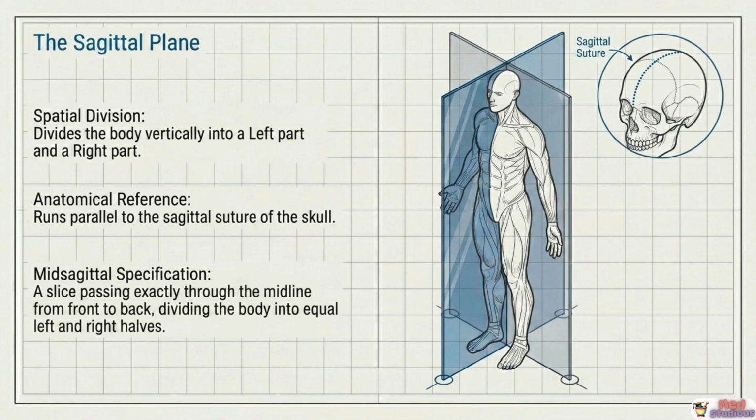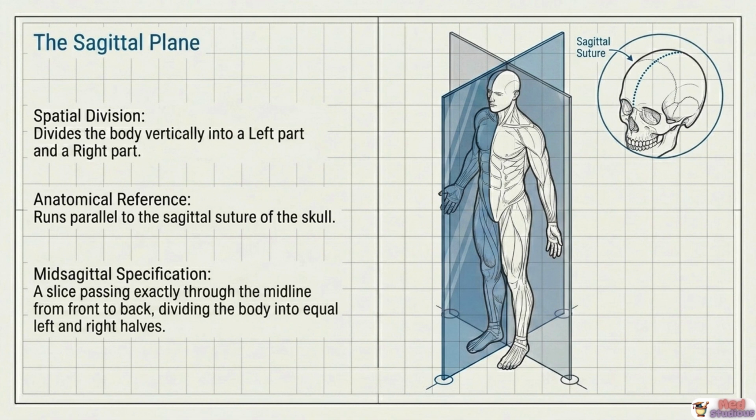The second cardinal plane is the sagittal plane, shown here in blue. The sagittal plane is a vertical plane that runs from front to back, dividing the body into a left portion and a right portion. Its name derives from the sagittal suture of the skull, the bony joint that runs along the top of the skull from front to back, between the two parietal bones.